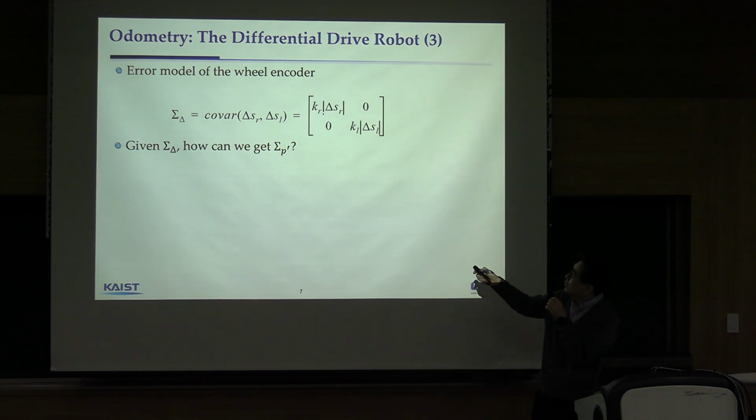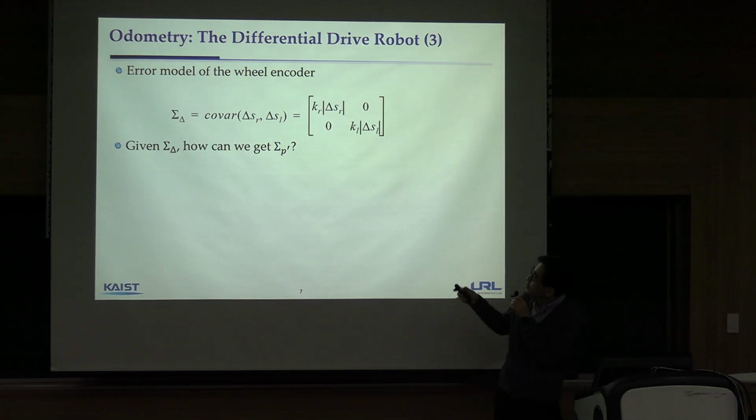So K_L will be some constant multiplied with the traveled distance on both wheels: delta S R, delta S L, their absolute values multiplied with some constant. That will be the uncertainty from both wheels, modeled like this.